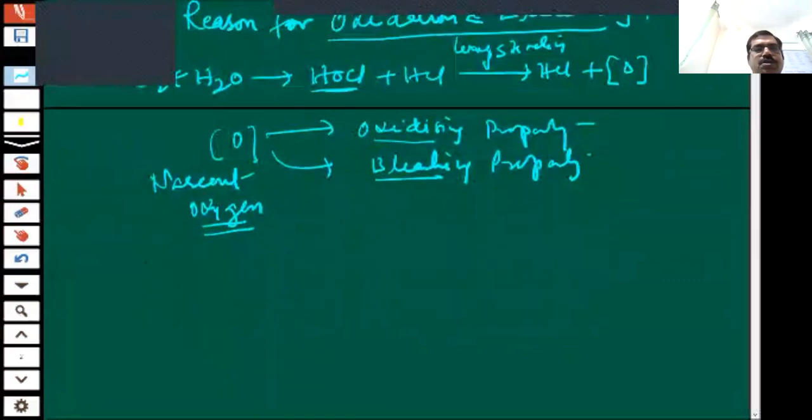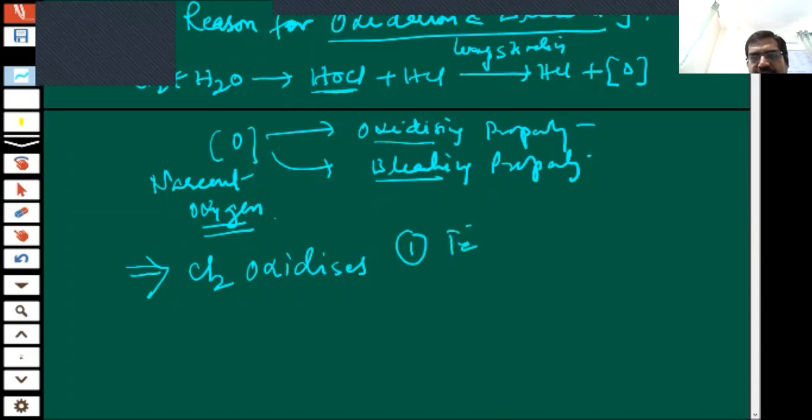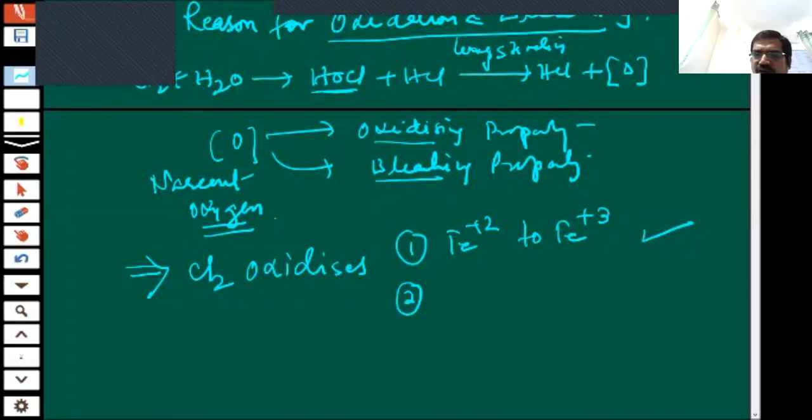Okay, next, any other information? So yes, another information is that chlorine also oxidizes, number one, ferrous to ferric. Again a learning process, memorize it. Only this much reaction you have to learn.